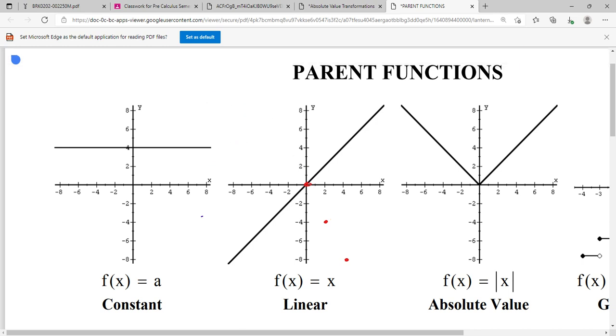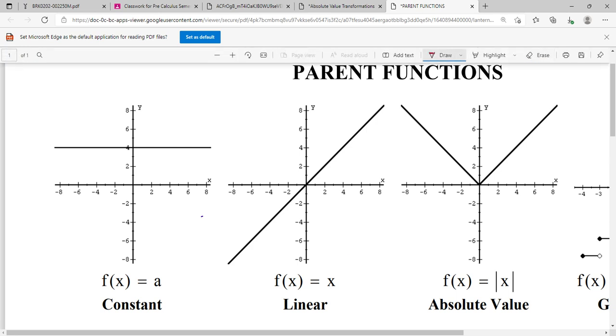Alright, so you could put all those together and have multiple translations at the same time. So let's say that we had f of x equals negative 2x plus 3. This right here tells us where our y-intercept is, right? So that's right here. And then this one tells us our slope is negative 2.